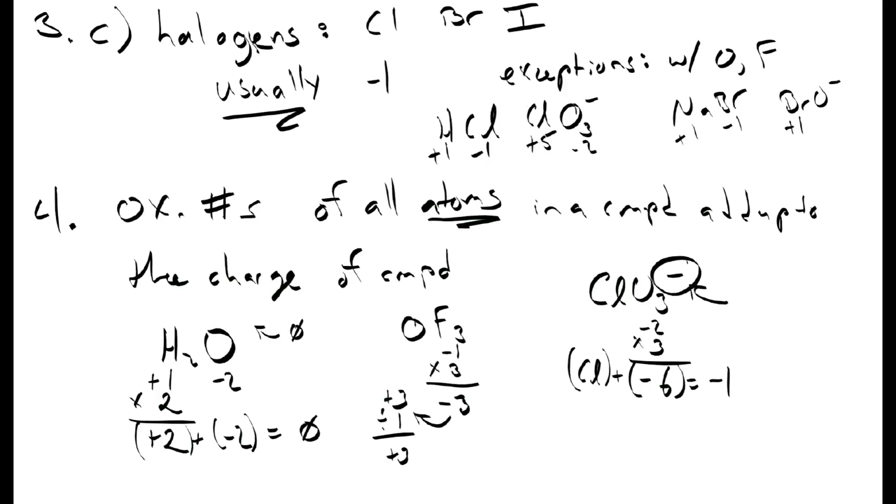Okay, so now you just solve for the oxidation number on chlorine. So chlorine, just add 6 to both sides, and you get +5. So it's not necessarily all that difficult, just, again, kind of tedious.